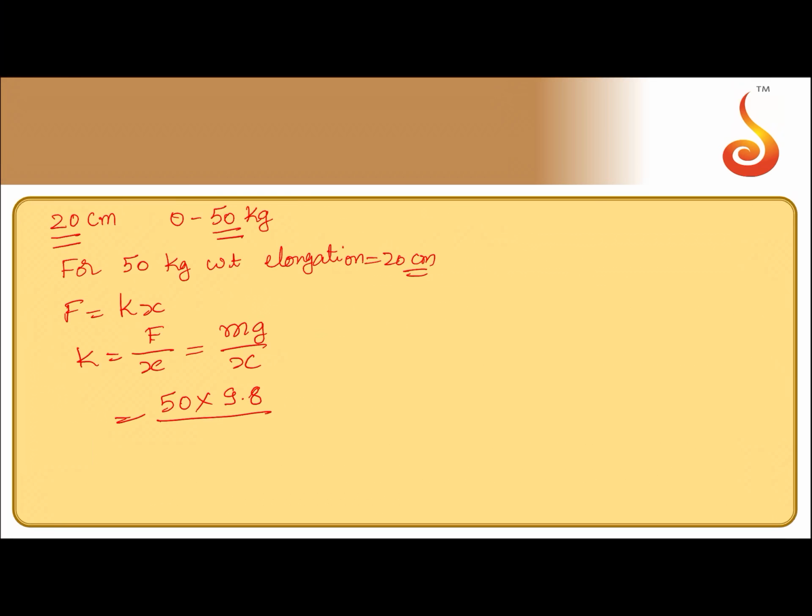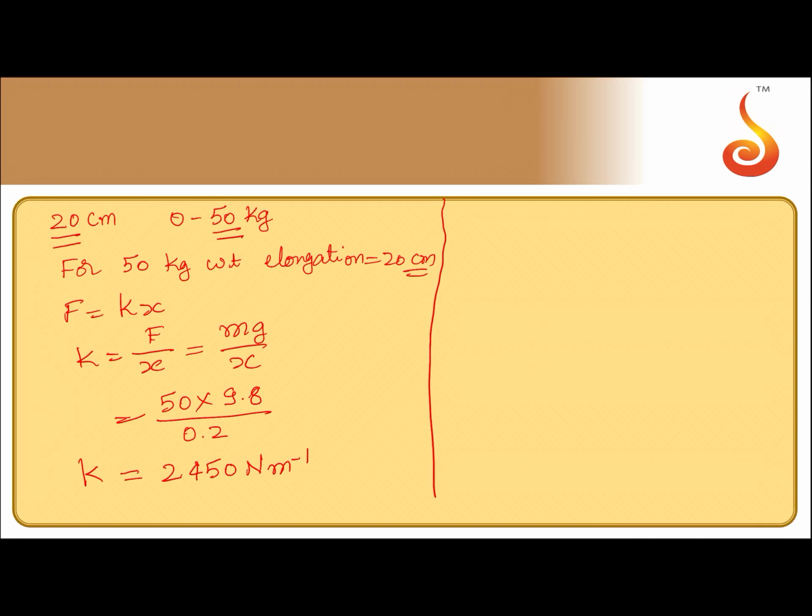If you look at the options, you'll come to know 192, 129 are there, so take 9.8 divided by, this is in centimeter, converted to meter, that will be 0.2. So this turns out to be 2450 Newton per meter. This is the value of k.